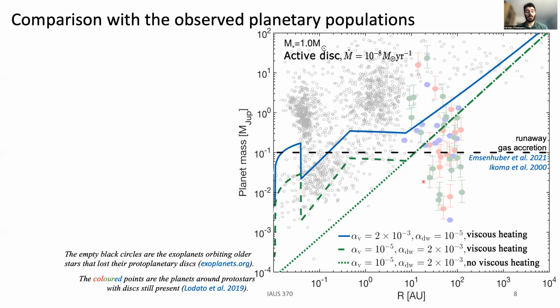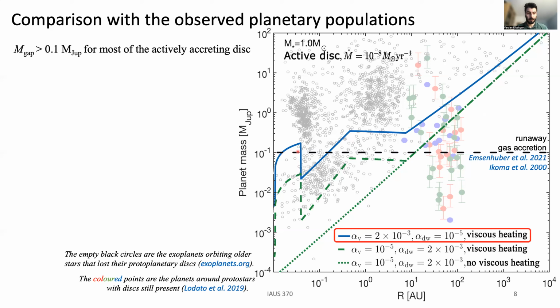And if we take a model where the mass transport is due to the turbulent viscosity, which is this blue line, as you can see, this blue line, which shows the gap opening mass, is above this 0.1 Jupiter mass threshold value for most of the disk.